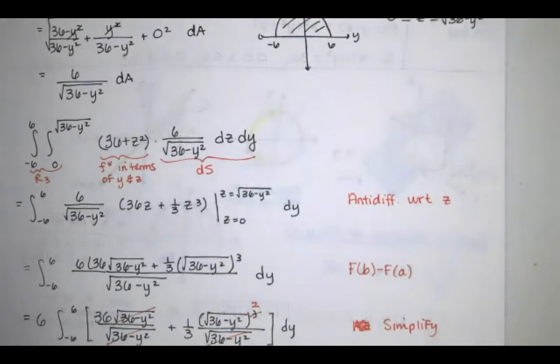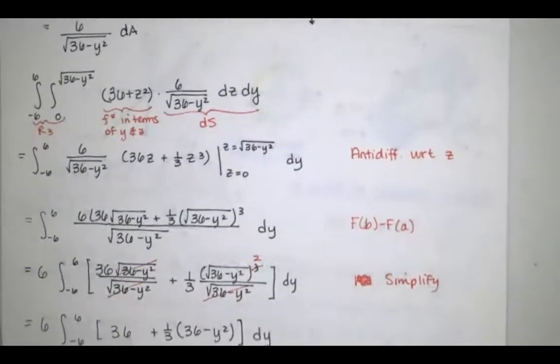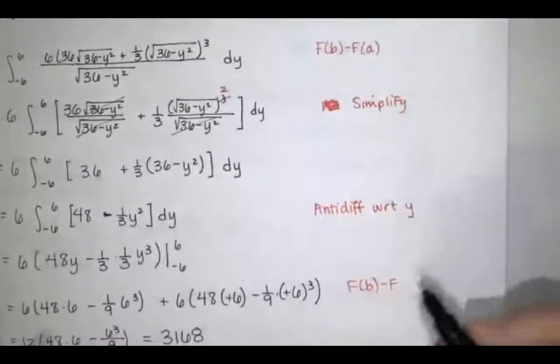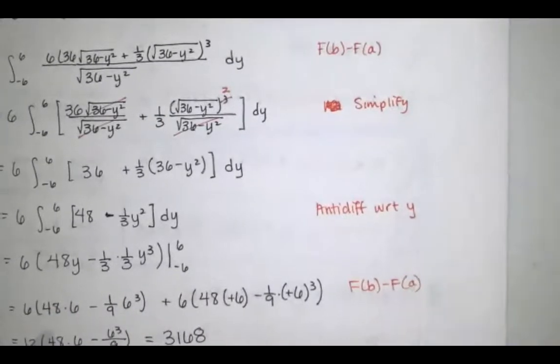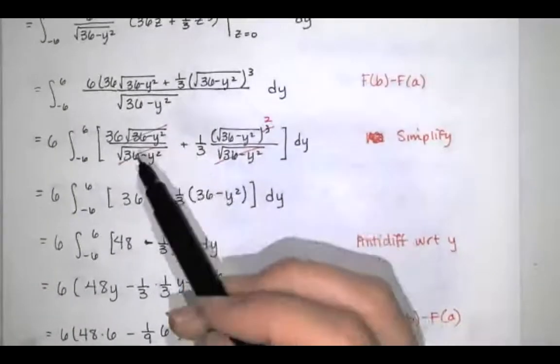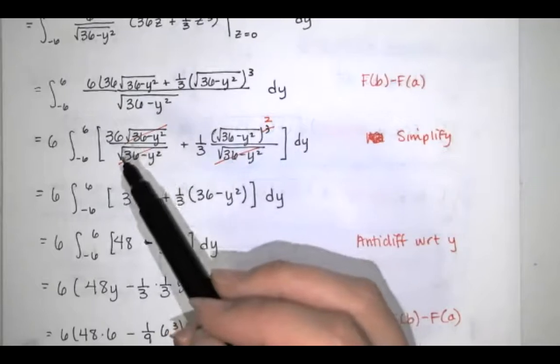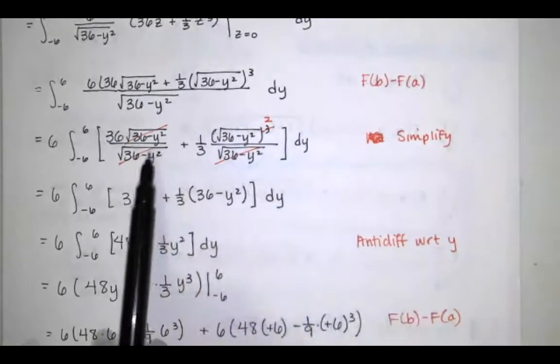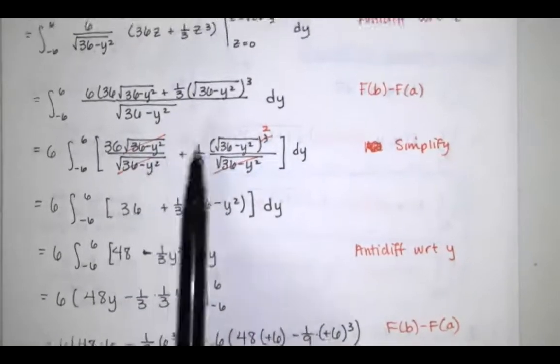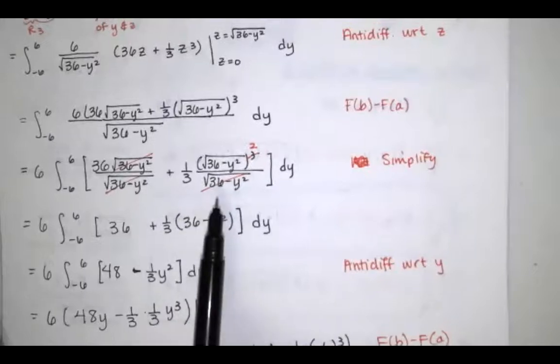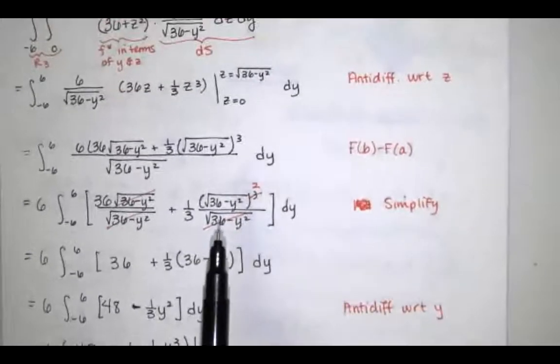I think we can't avoid dealing with the improper integral. But because we have a semicircular region in the yz plane, there were some nice cancellations when we integrated with respect to z first.